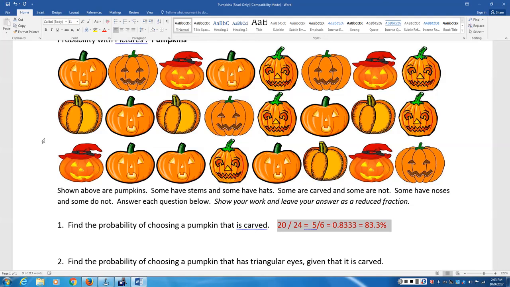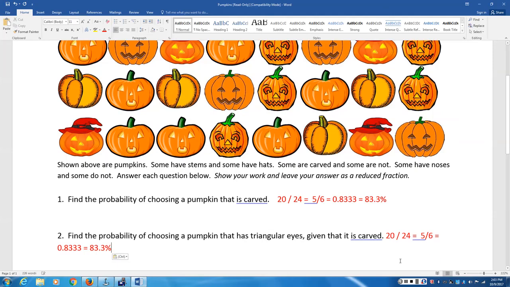No. So how many have triangular eyes? 15? So it's 15 over what? 15 over 24? What does given that mean to you?